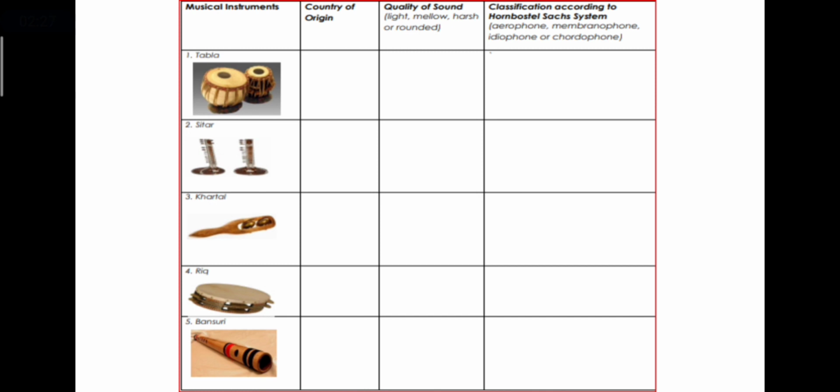You have to identify the country of origin, the quality of sound, either light, mellow, harsh, or rounded, and also the classification according to the Hornbostel-Sachs system, if it is aerophone, membranophone, idiophone, or chordophone.